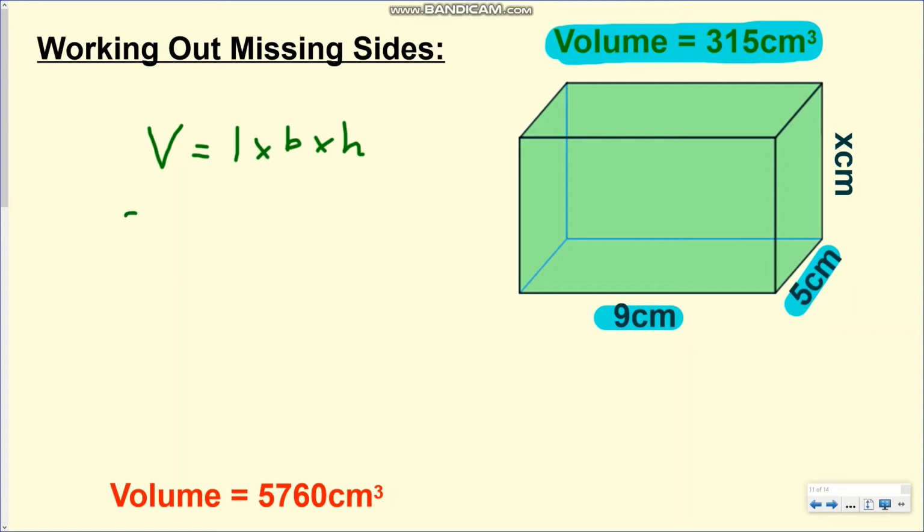I'm going to put 315 in that position there. I know what the length is. It's 9. I know what the breadth is. It's 5. And I don't know what the height is. It's been given to me as x, so I'm going to put the value x in there to hold the place just now.